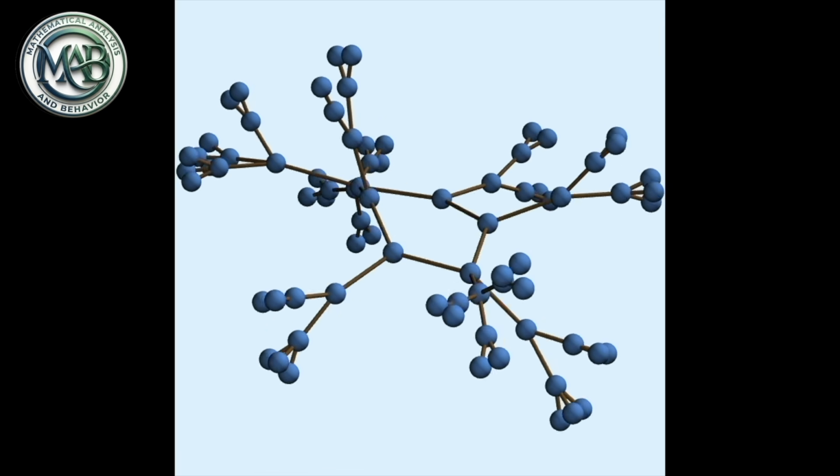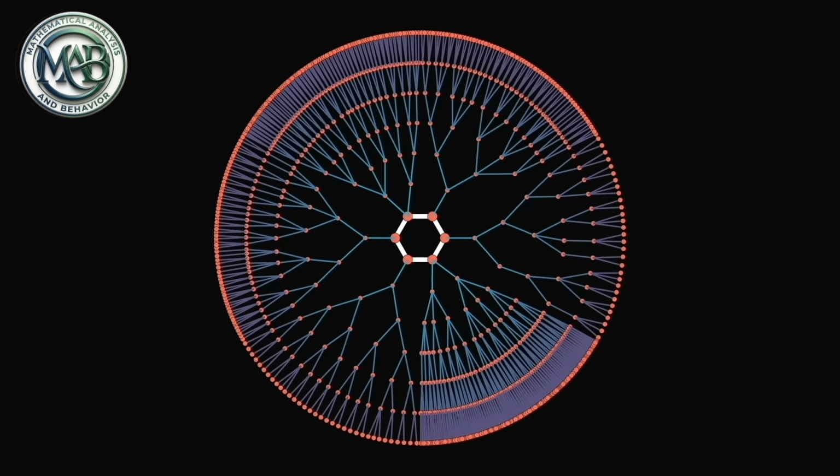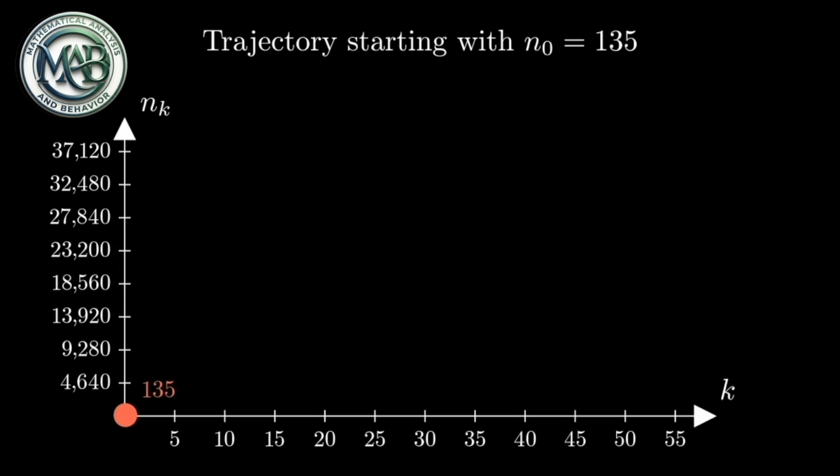Whether we use animations or curves, the result is always the same. A beautiful, structured collapse into the trivial cycle. Some animated curves, showing the trajectories, starting from different integers.